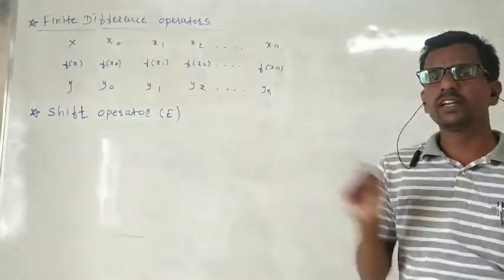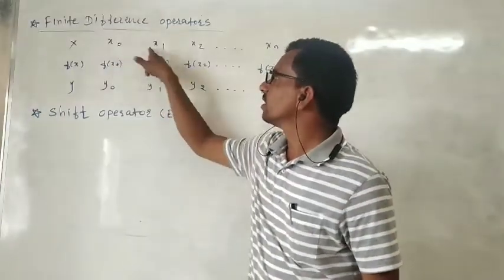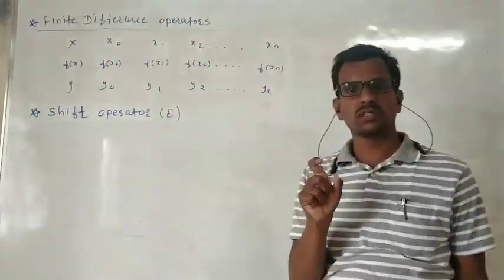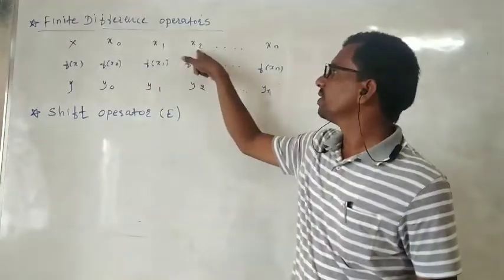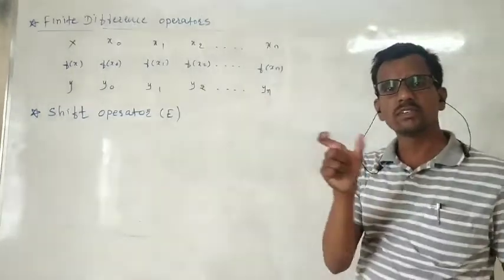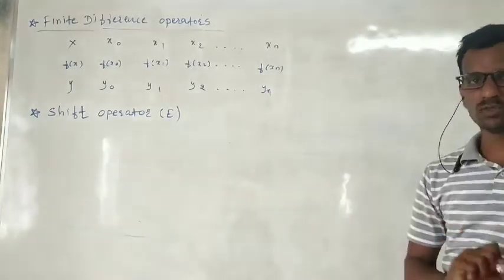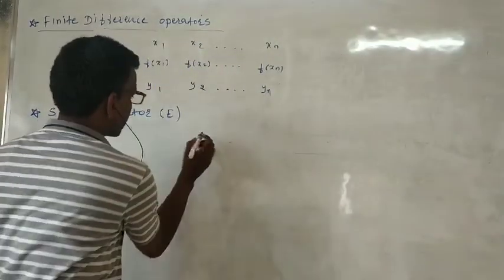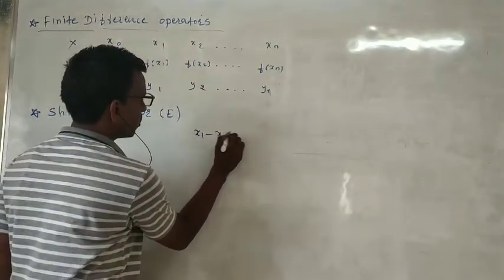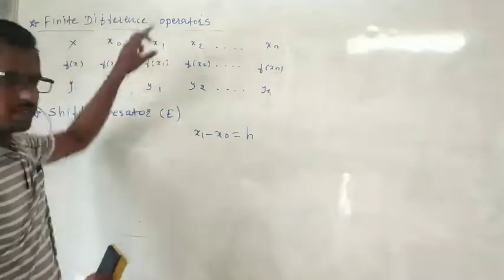spaced or equidistant. Equidistant means the difference between these 2 points is, suppose, h. Difference between any 2 consecutive points is the same, that is h. Here x1 minus x0 is equal to h.